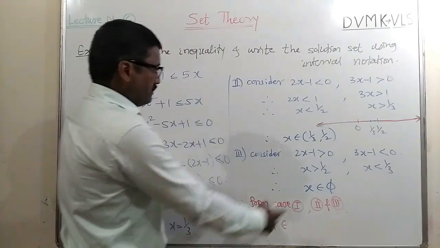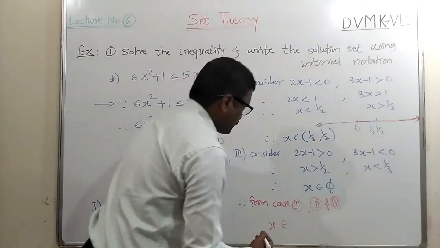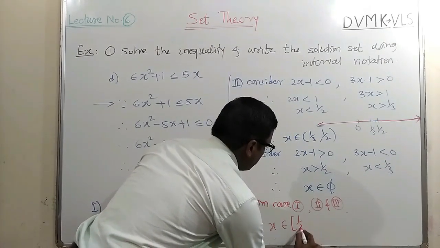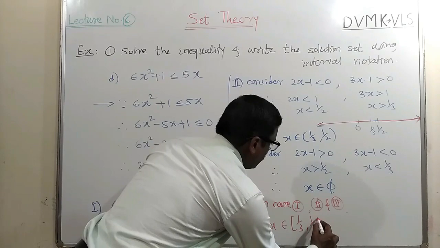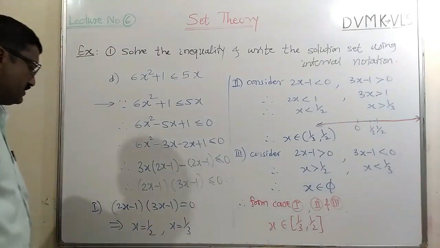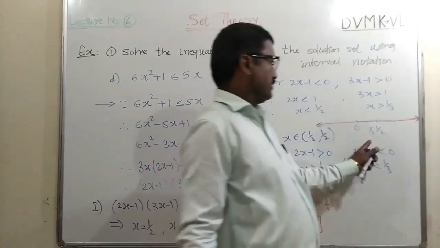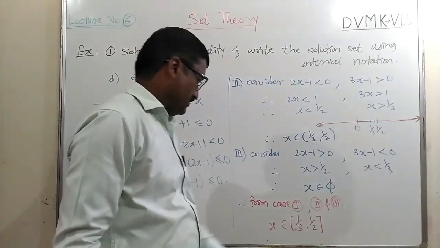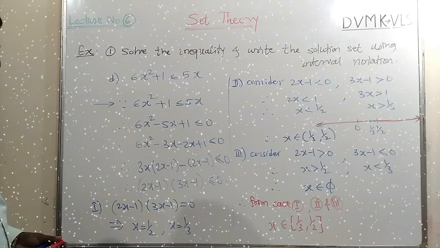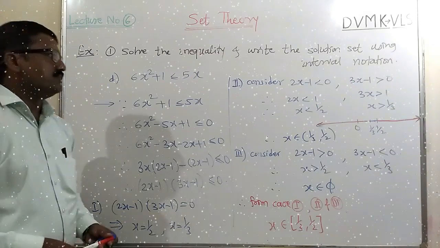So this equality here says that these open intervals, open brackets are closed. So it is close 1/3 to close half. So x is from 1/3 to 1/2, that means x belongs to close 1/3 to 1/2. Okay, that is the solution of this fourth inequality.